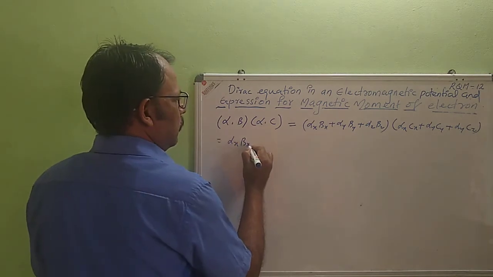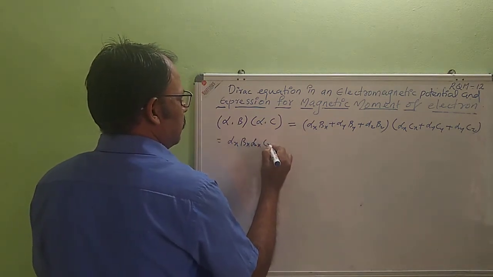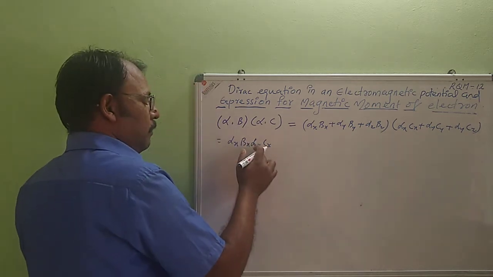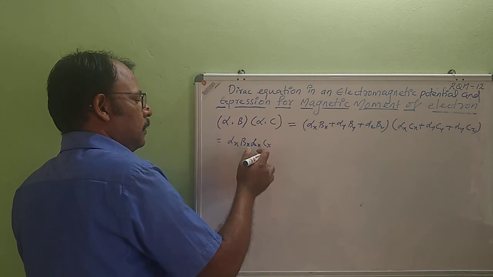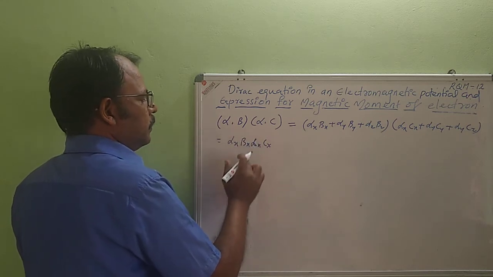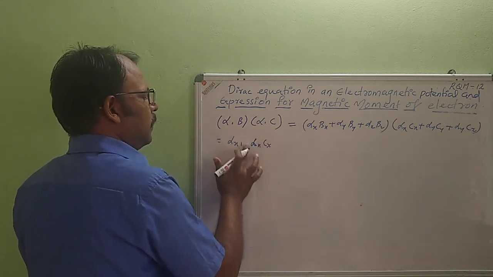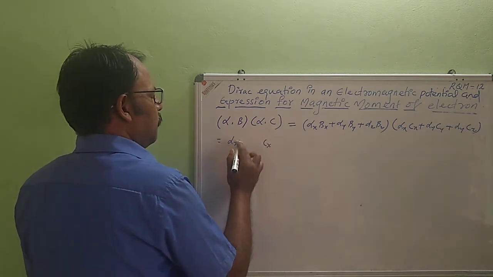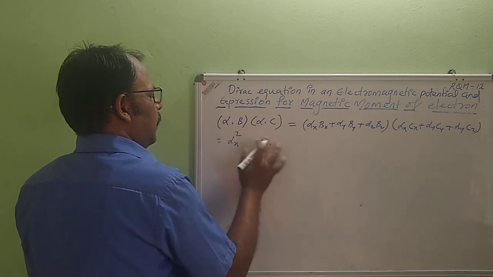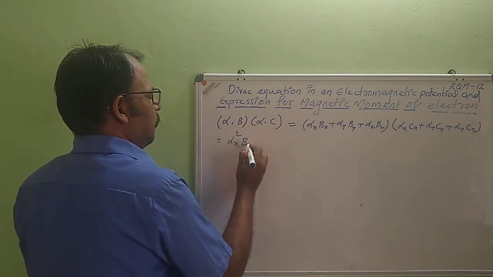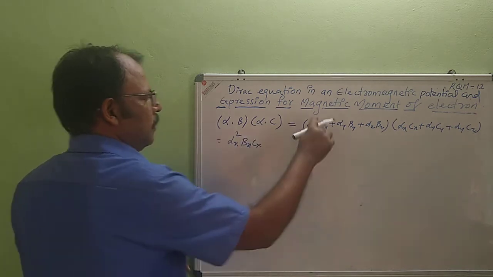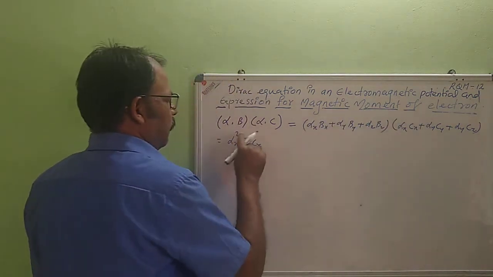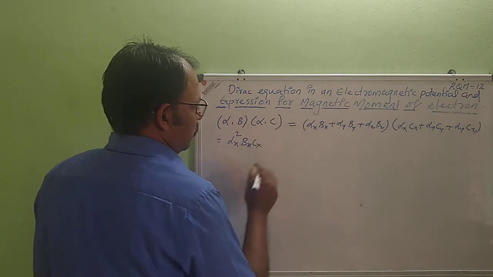But alpha x and Bx are commuting operators, so we can change the order of operation. I am writing it as alpha x square Bx Cx.